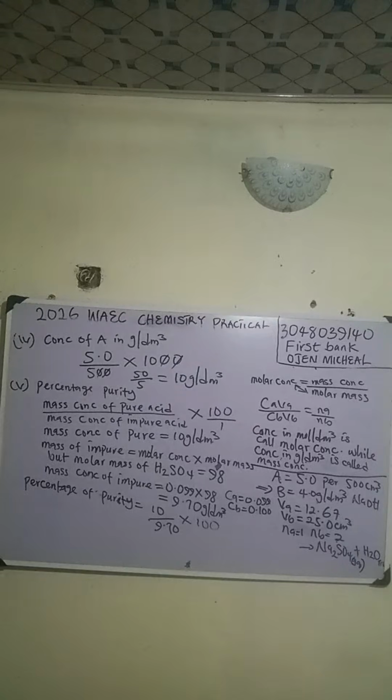Yes, you can see after the beginning. Alright, I will save the video so you watch it. 10 times 100 divided by 9.70. So percentage purity will be what? 10. Beautiful. You are always on point.